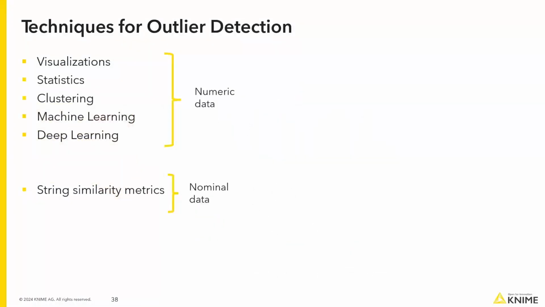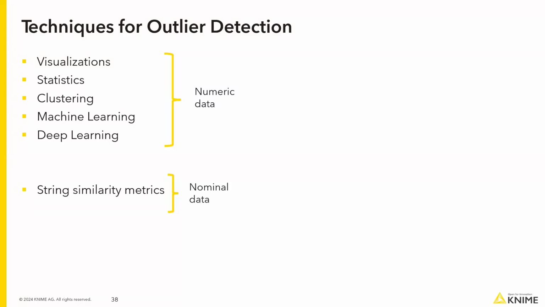So what are the common techniques for outlier detection? For numeric data, you can build visualizations to analyze visually which data points don't fit into a general trend. You can use statistics methods. There are also more advanced methods. For example, you can apply clustering, machine learning methods, and deep learning methods to detect outliers in numeric data.